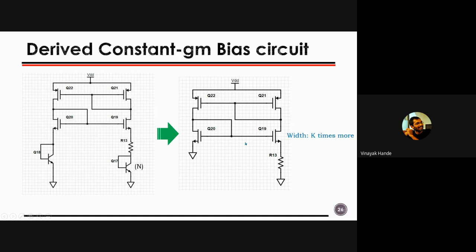Meaning whatever I am feeding back, are you getting? If I am increasing the Q19 voltage, whatever feedback I am getting from Q20 is again increasing it once more. If you remember, or if you imagine correctly, this increases, this will fall, right?